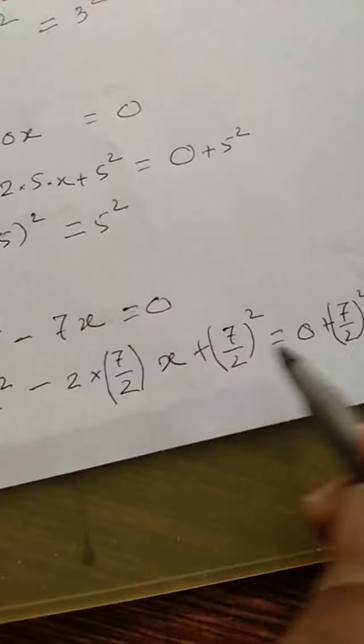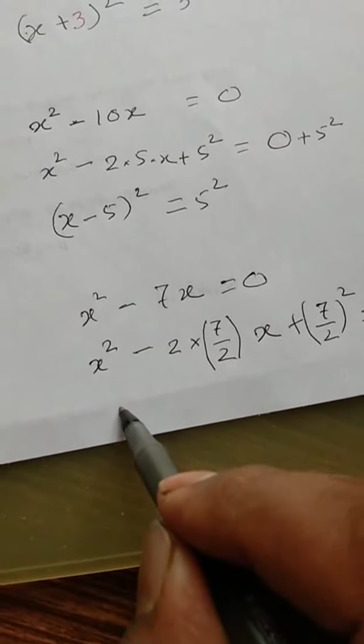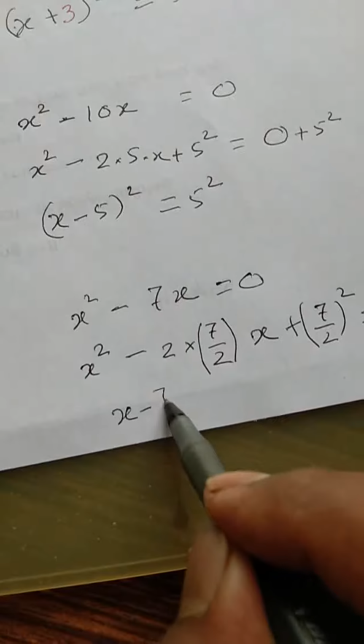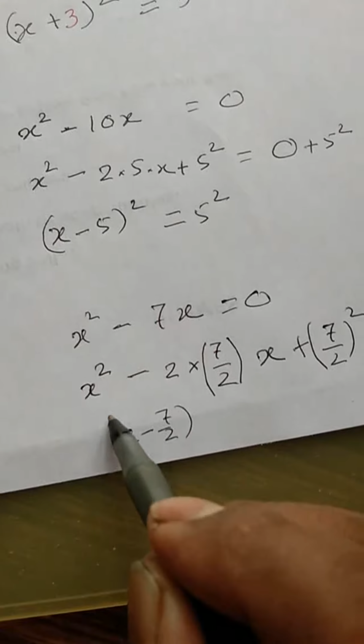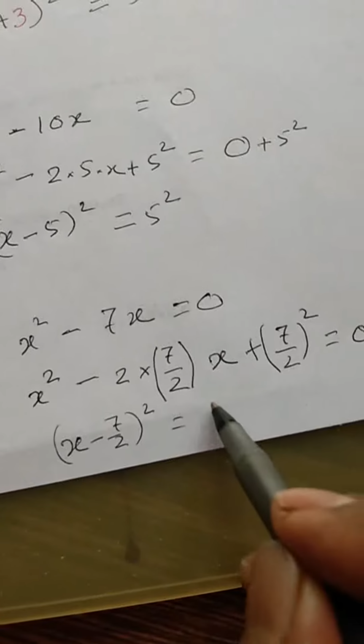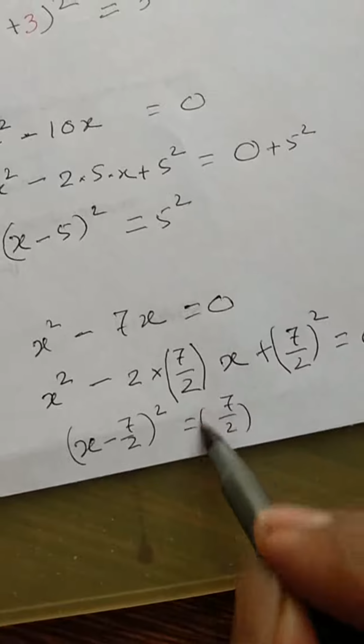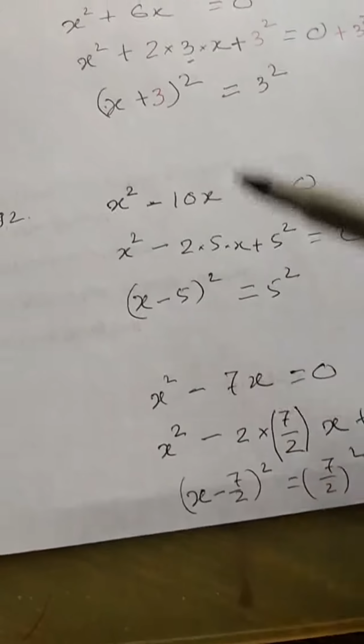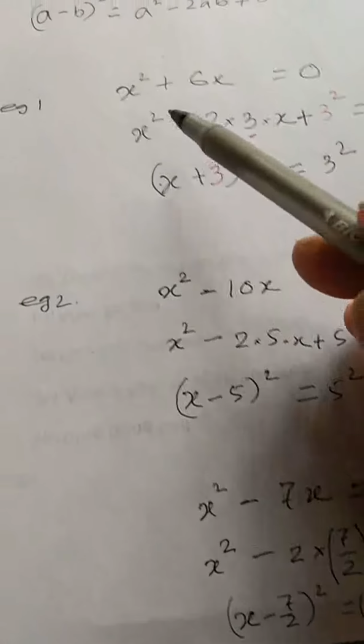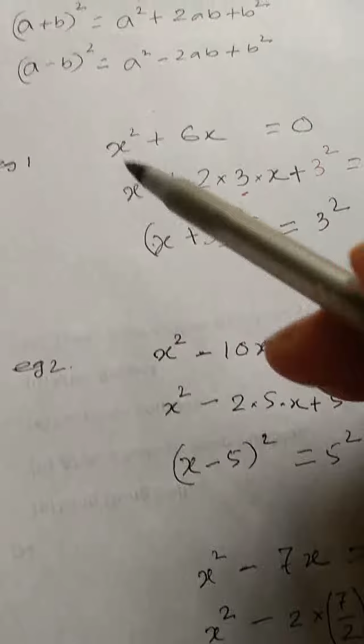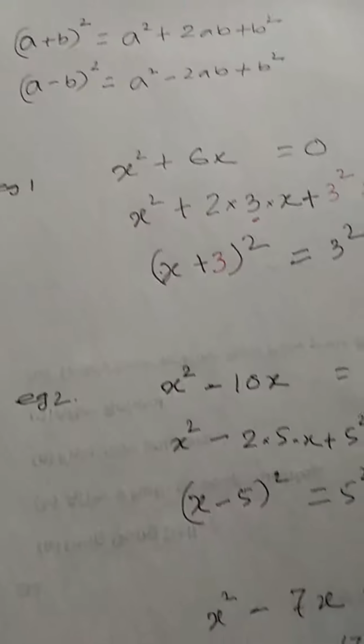So this term will be added to both sides. Now we can convert this to x minus 7 by 2 whole square, and the right side is 7 by 2 whole square. So this way we can convert the expression to the square formula.